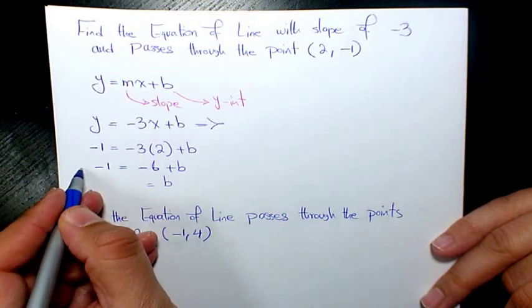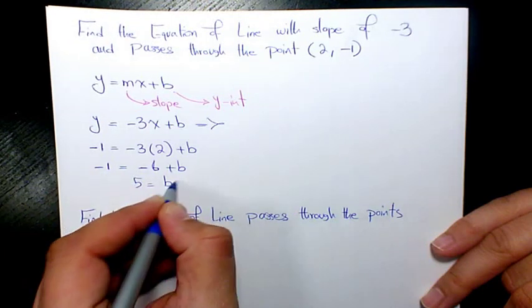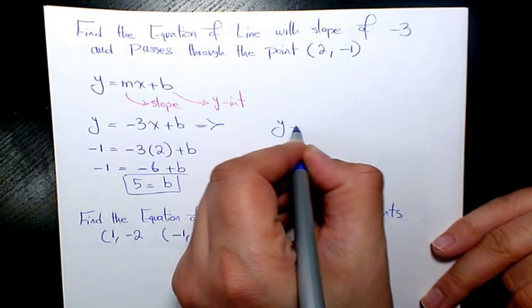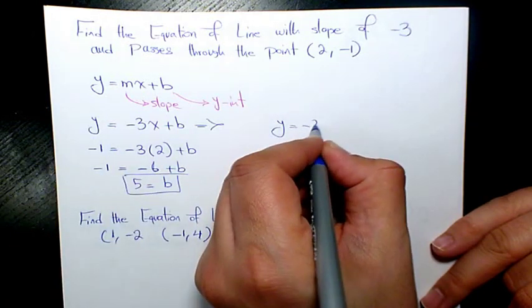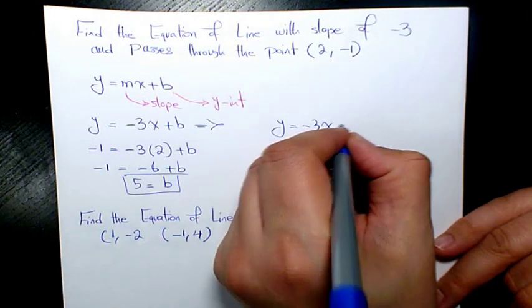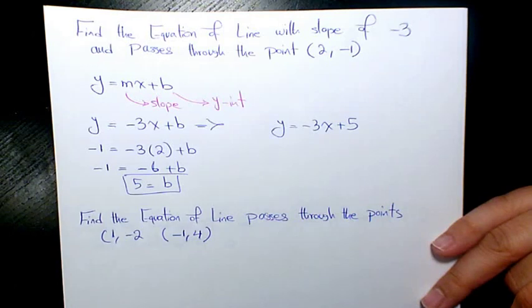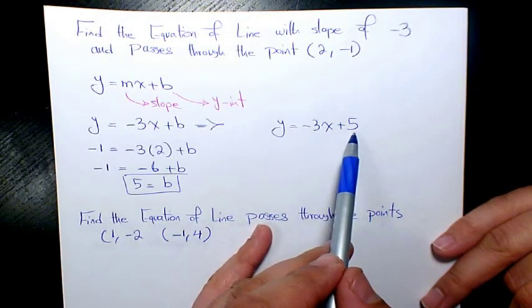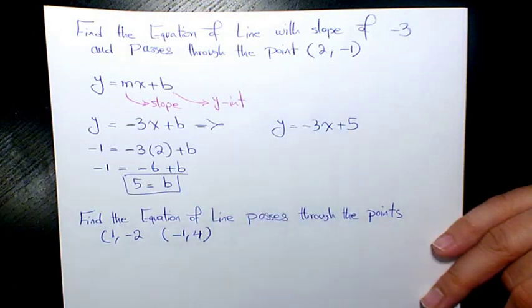It's going to be positive 6 minus 1, which is 5. So the equation of line is going to be y equals to negative 3x plus 5. So the slope of this example is negative 3, and the y-intercept of this line is positive 5.